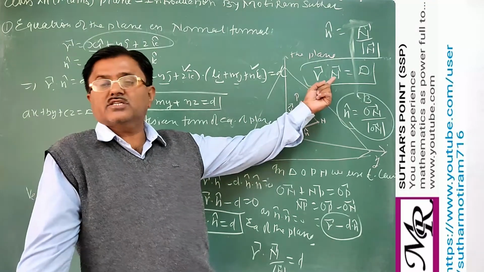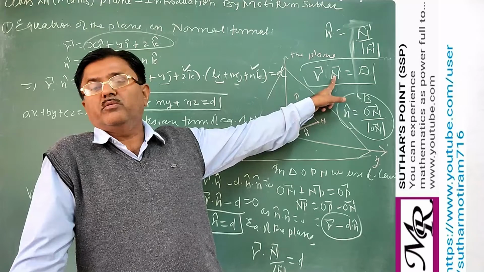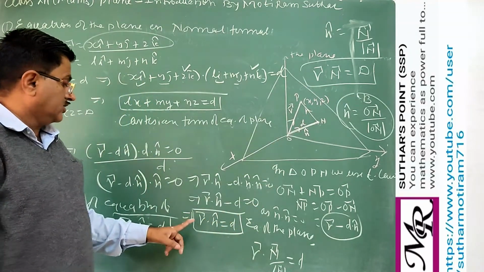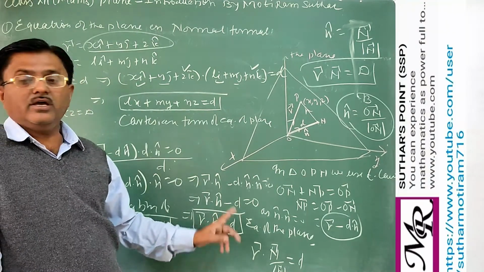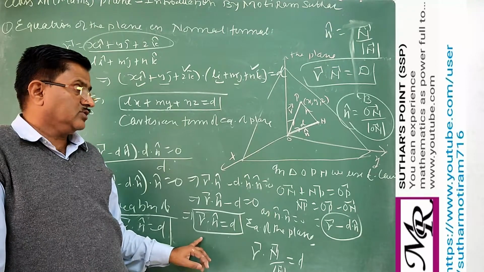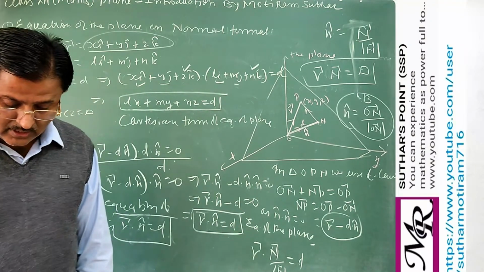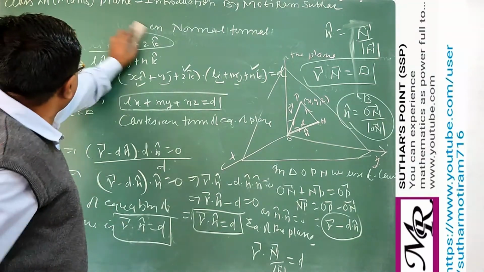Similarly, we have already discussed, when you find this capital N, it represents a normal vector, not a unit normal vector. Because if you find this vector r dot n cap, then it is a unit normal. So in this way, one can find the equation. Now see, suppose we take some example to clarify this point.